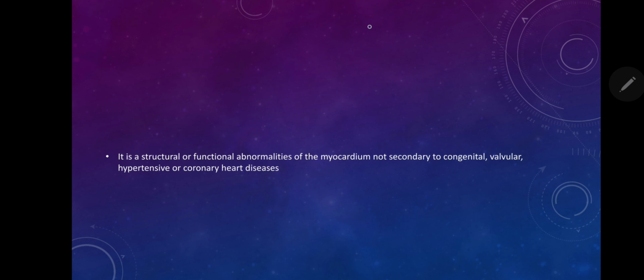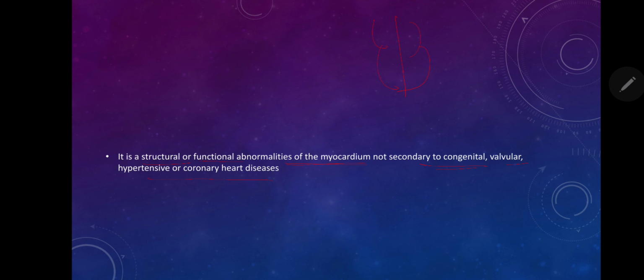As we know, the name cardiomyopathy means there is a problem in the cardiac muscles. It is a primary problem of the cardiac muscle, defined as a structural and functional abnormality of the cardiac muscle, that means the myocardium, not secondary to any congenital valvular, hypertensive or coronary heart disease.